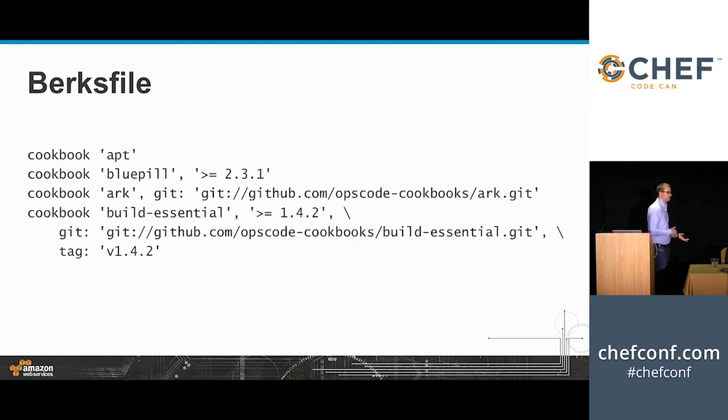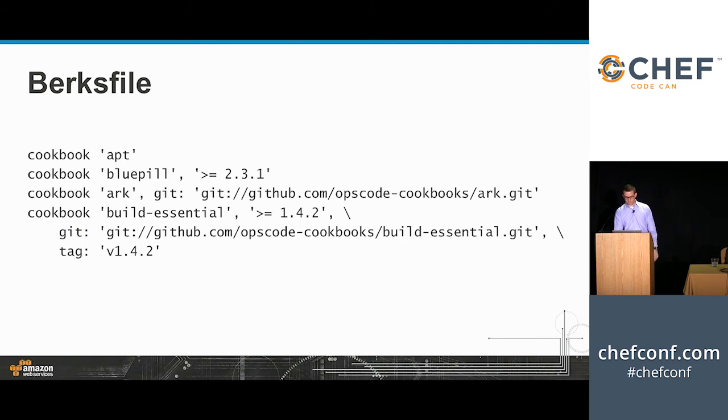Because it's Berkshelf, you have a Berksfile, and in this example, we're using the apt, bluepill, runit and build-essential cookbooks, and we're pulling them down from GitHub, and anything that you know from Berkshelf is supported in that sense.